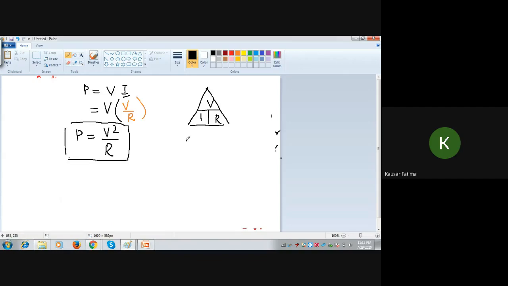Okay, suppose a battery gives 20 volt. Current is not known to you. This is one resistor, this is another resistor. Okay, and suppose the potential difference across this is 15 volt.